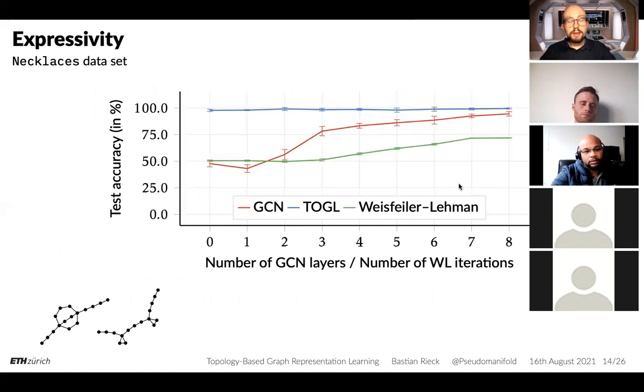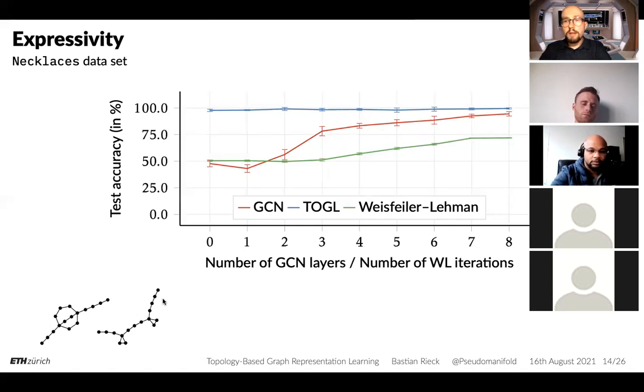Now, the first one is the expressivity or the predictive performance on a synthetic dataset. You can see that this dataset is aptly named necklaces because it looks a little bit like a necklace that you can put on or put off.